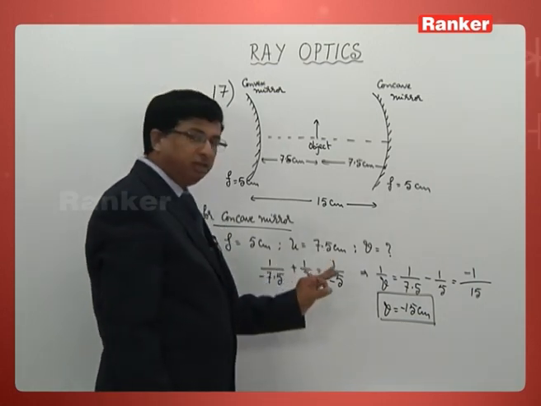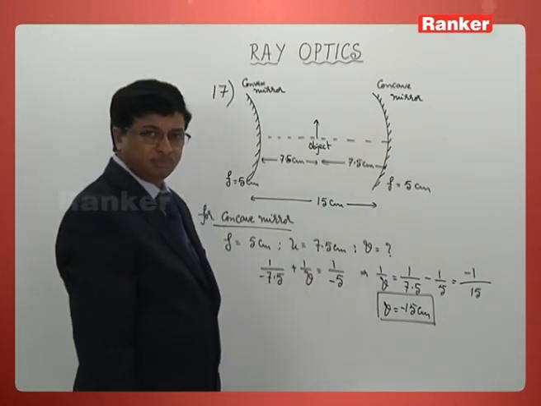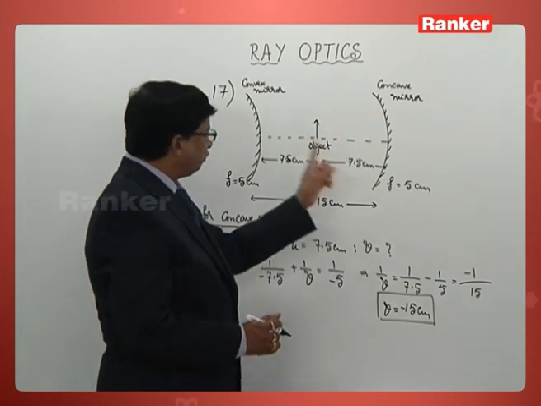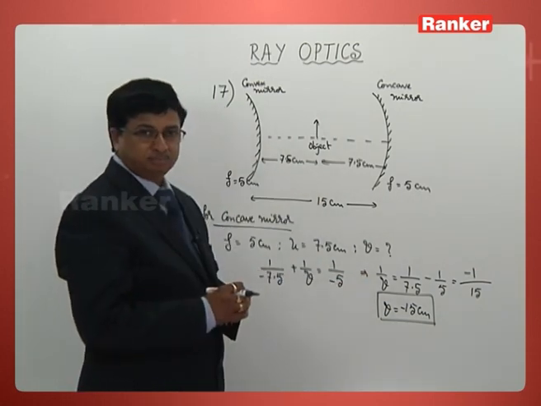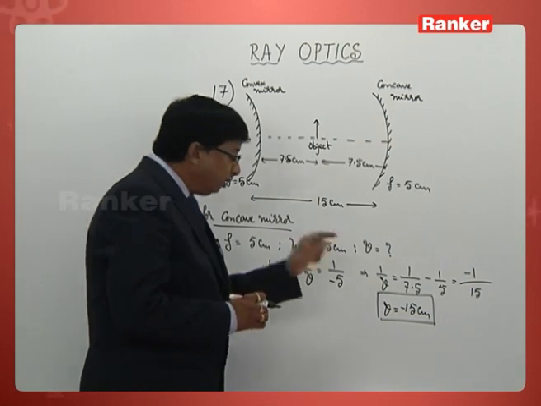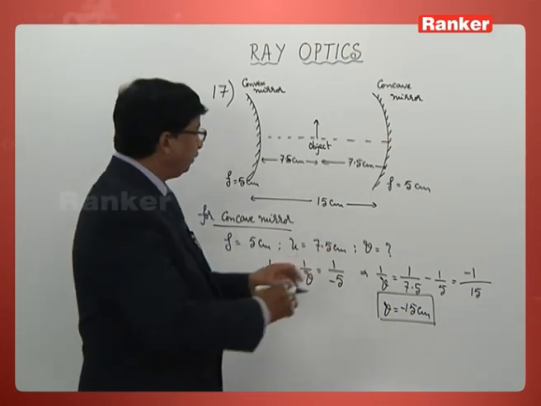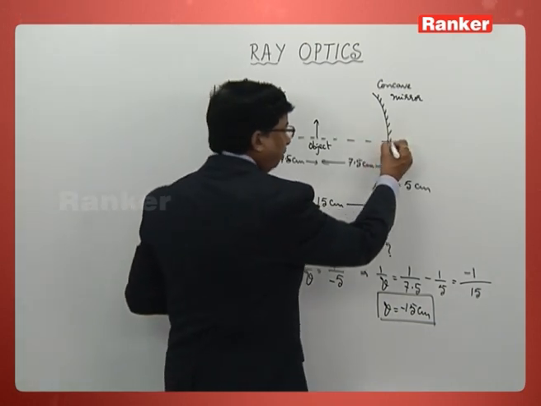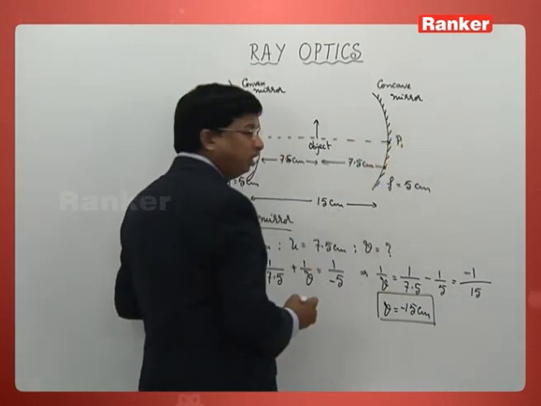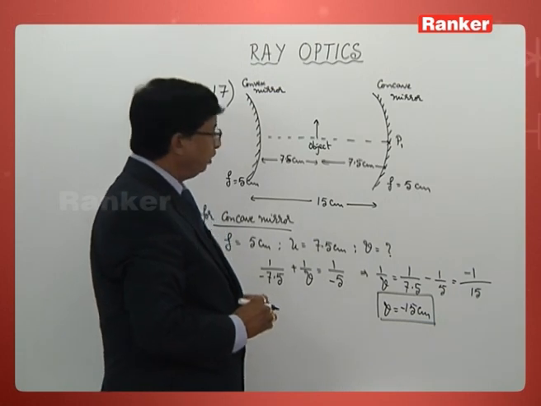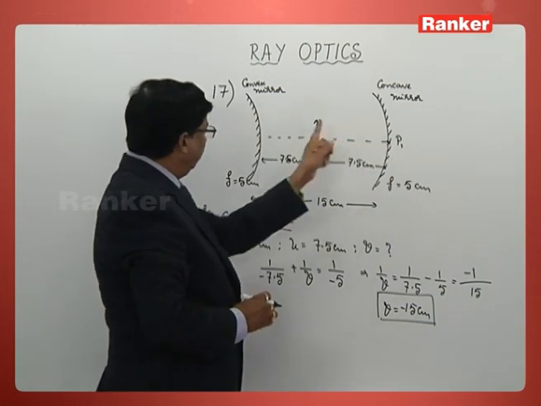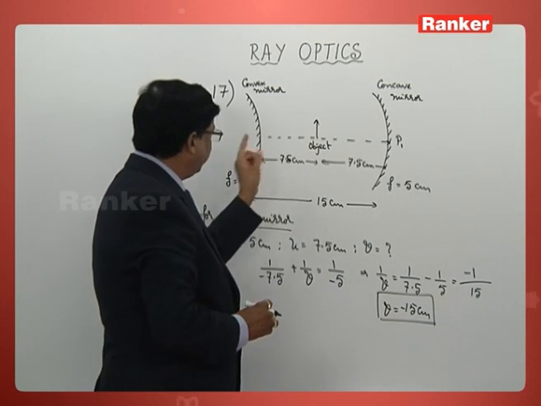Observe very carefully now. Image distance is 15 centimeter. Where from is it 15 centimeter? The image distance is measured from the pole of the concave mirror. From here, the distance to this image is 15.